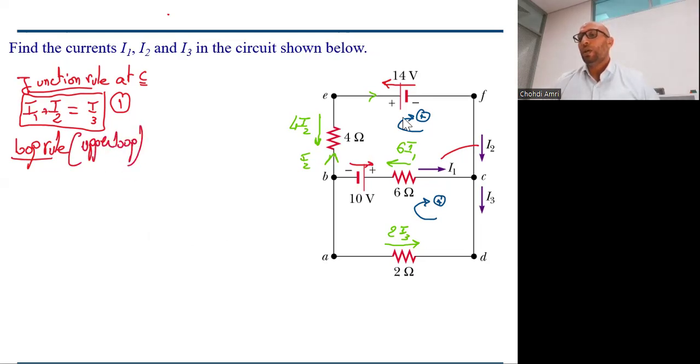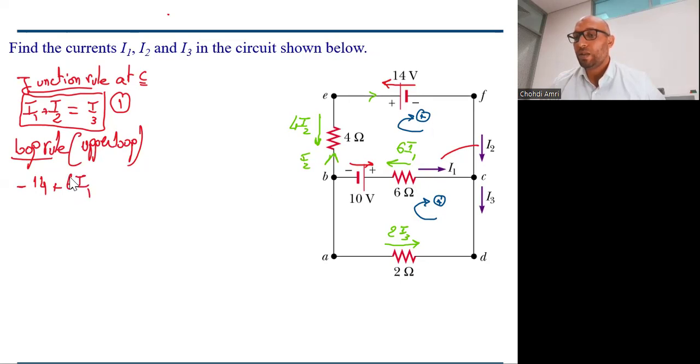Here we assign the positive direction to be clockwise. We can say that the 14 volt is opposite to the positive direction, so we can write minus 14. Then we don't have any element between C and F. Then let's move to the branch BC. We have a resistor, and the potential difference across the resistor is 6I1 because it's with the positive direction, so we can write 6I1.